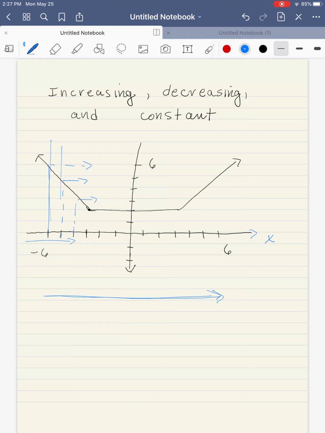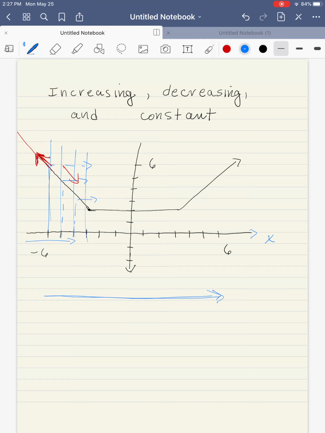And we see on this piece of the graph that y is going down. So that means that y is decreasing. This arrow right here has nothing to do with the concept of increasing or decreasing. This arrow means that the graph continues in this direction forever.